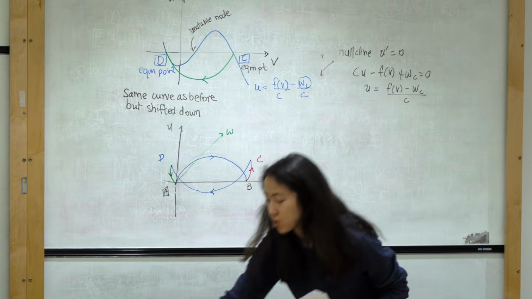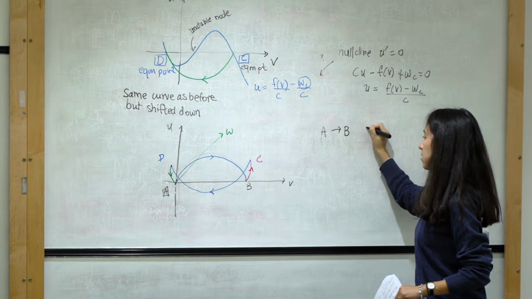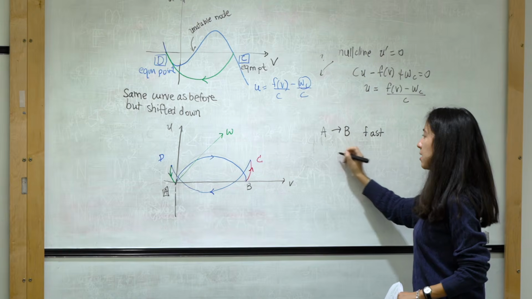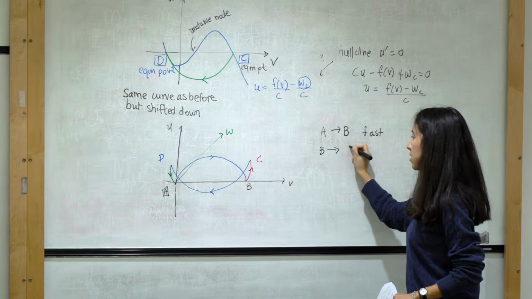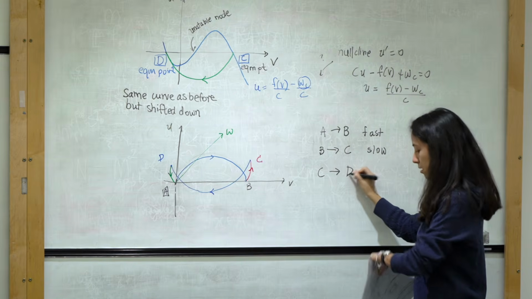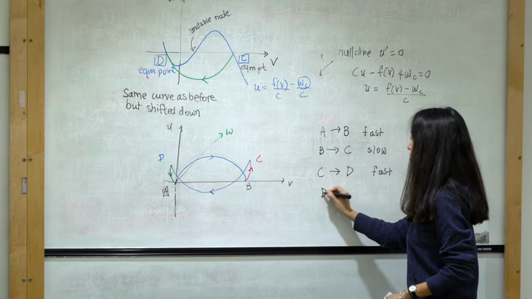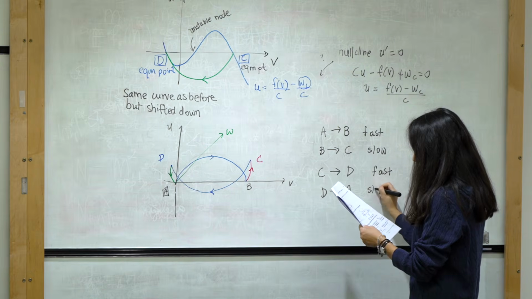So the four pieces are A to B. This is fast. Then I go from B to C, it's slow. C to D is fast. And then finally D to A is slow.